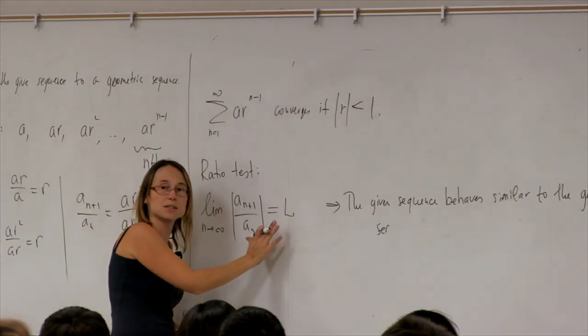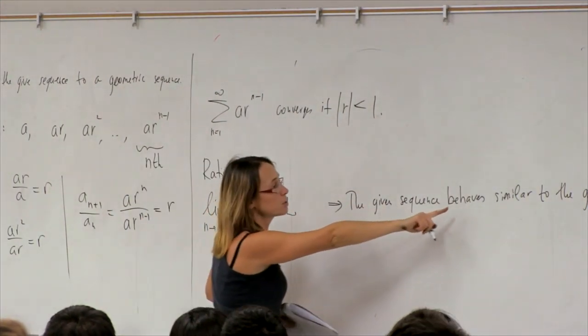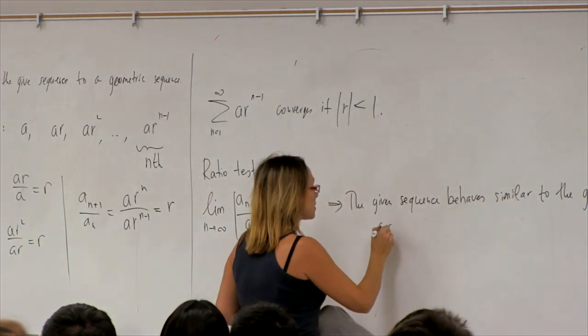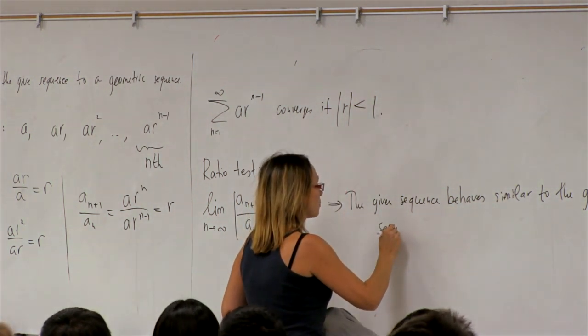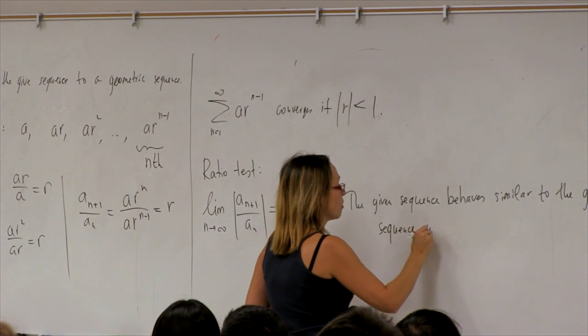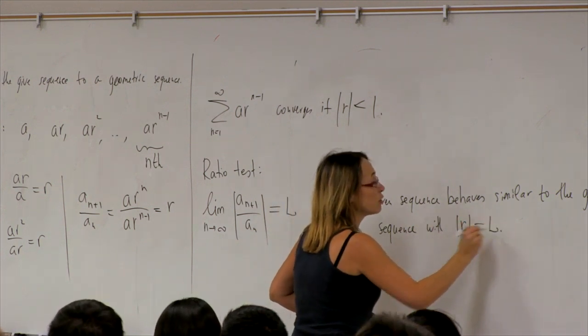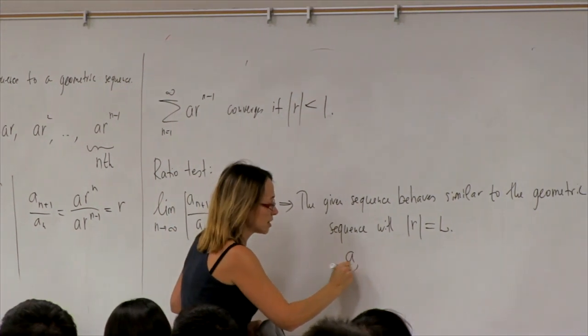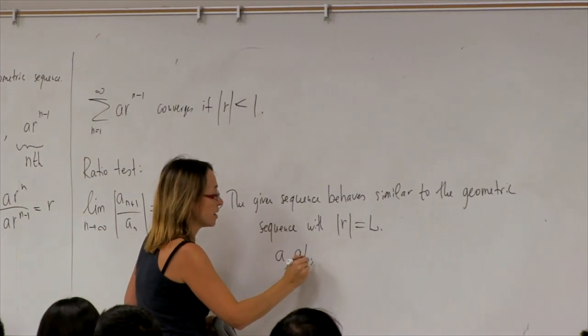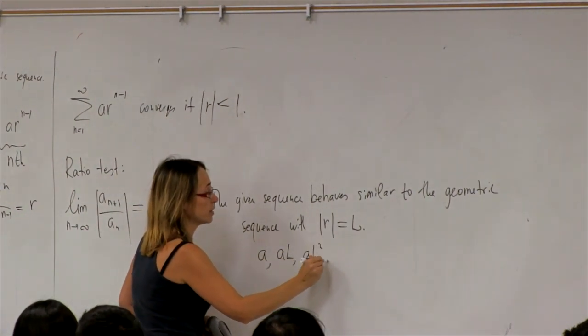Let's suppose that the limit exists. In this case, the given sequence behaves similar to the geometric sequence with r given by L. So it's some number a, aL, aL squared, and so on.